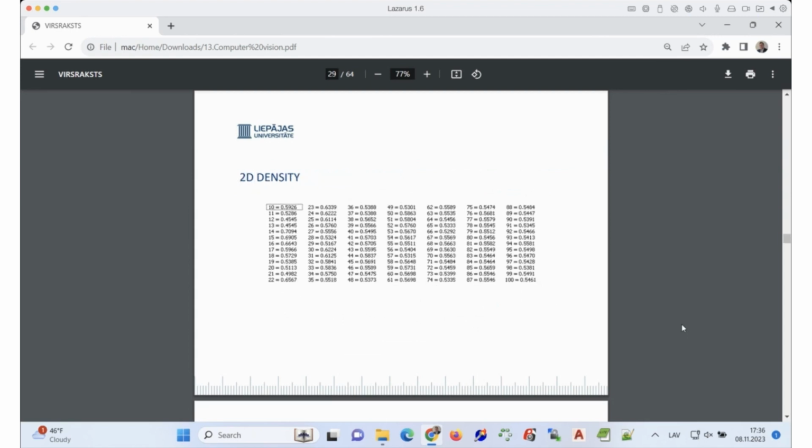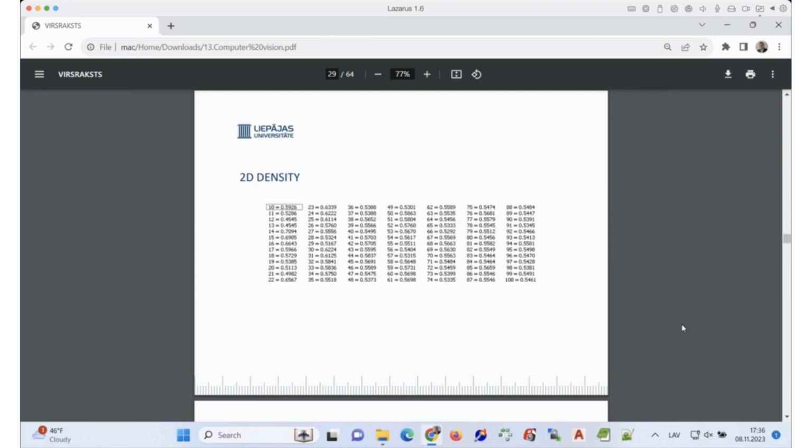Two-dimensional density of the whole image of the symbol, and you can see even this is almost the same for every size. You can see this, right? I really hope you get these things, right?